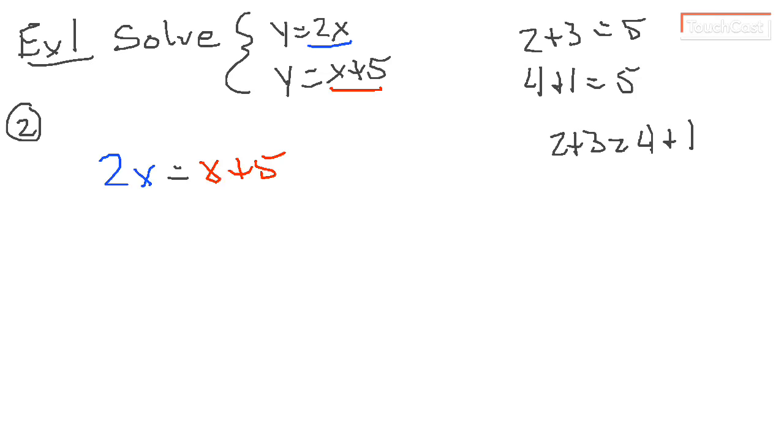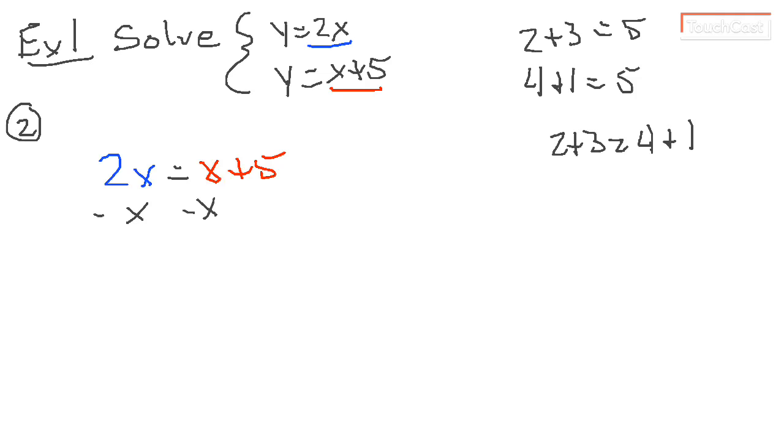So we want to get all the x terms to one side. I am going to move the x that I wrote here in red. So I'm going to subtract x on both sides. You could move the 2x, but you're going to create more steps for yourself.